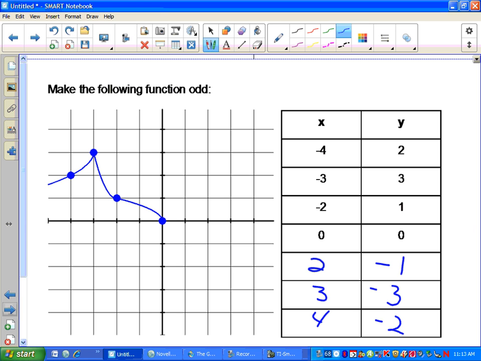Okay, so here we go to graph those. 2, negative 1, 3. It's kind of hard to graph. So it's going to go up this way? Is that right?